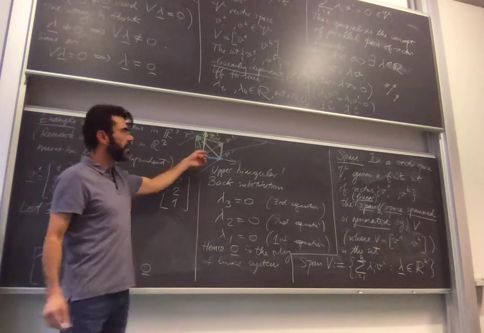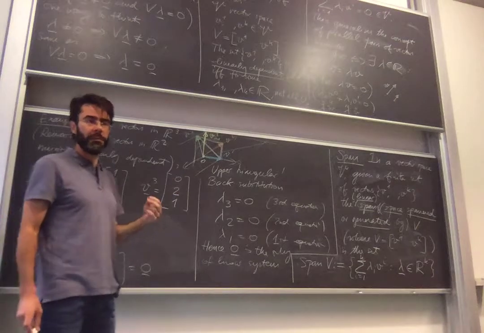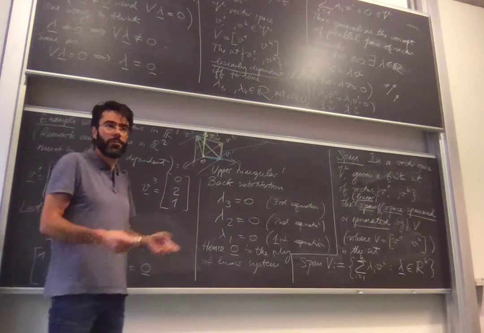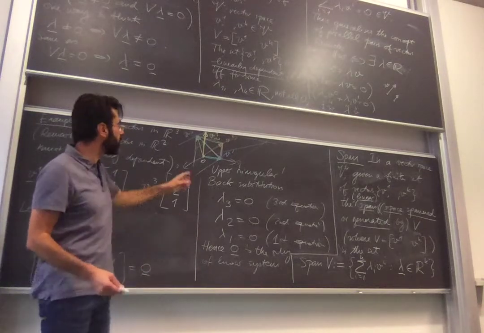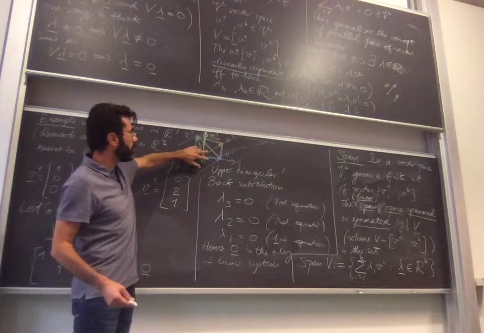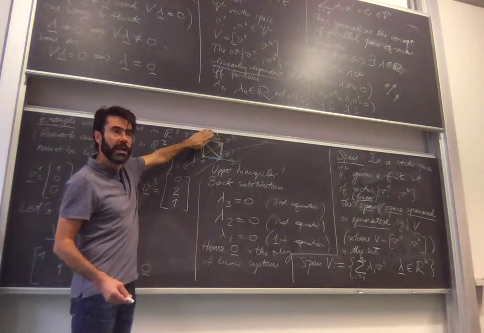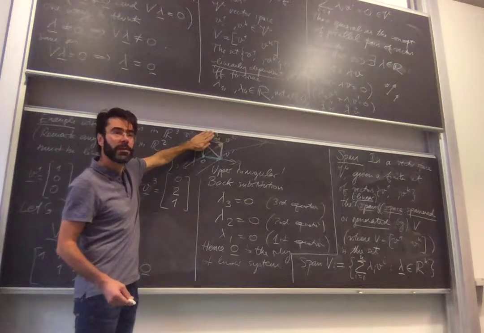So one of these three vectors is actually redundant. In fact, linear dependence is exactly that: it's like linear redundancy. We know that one of them is redundant because v1, v2 by themselves would span the same plane, because they're not parallel.